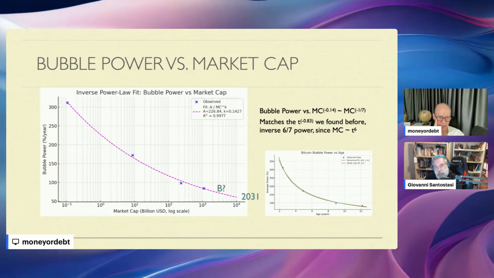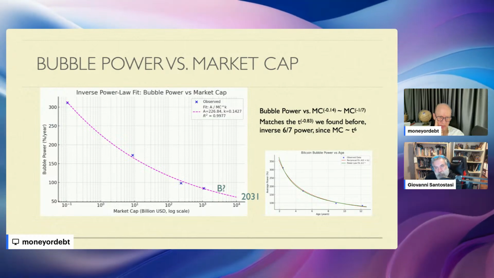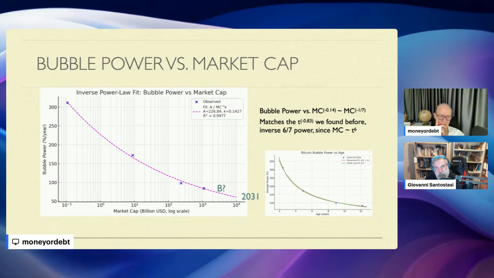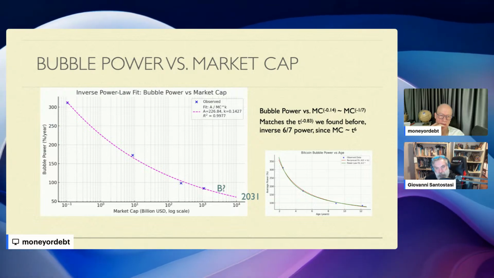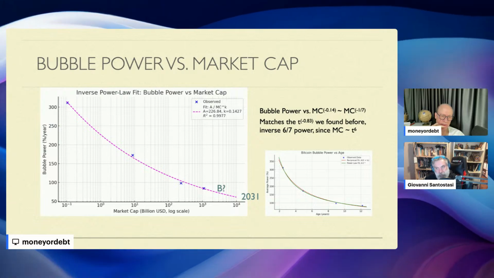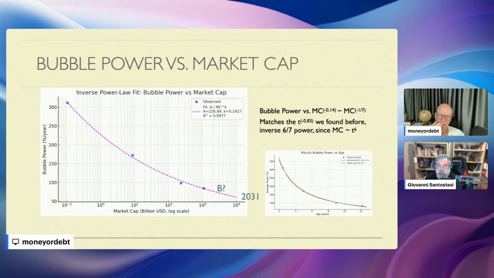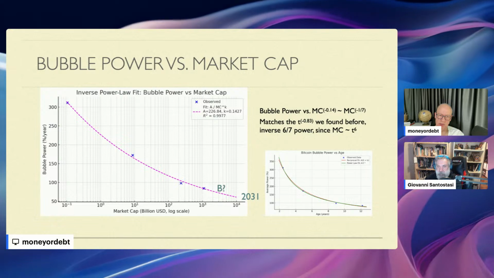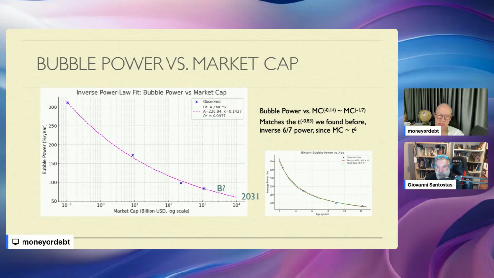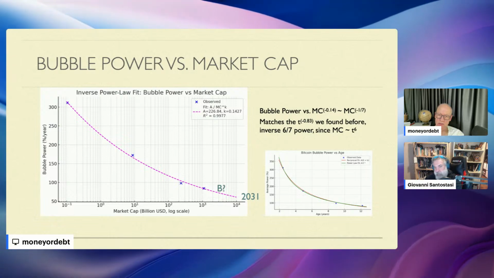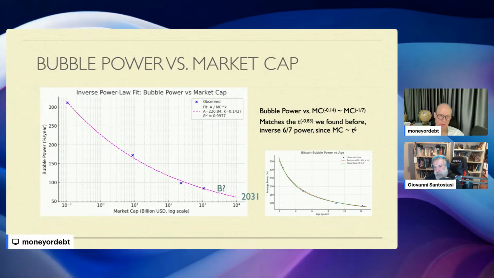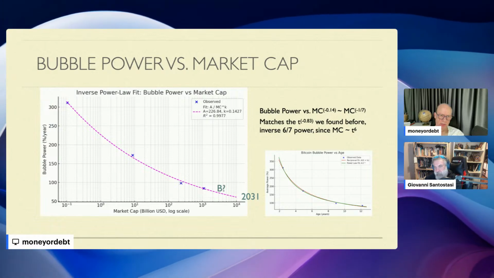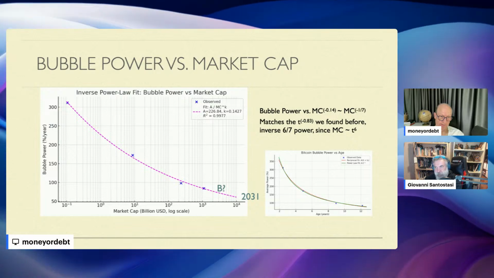And the B is located, if you look at these dashed upward lines, between 3 and 4 trillion market cap. So that's a possibility for a next bubble, hitting there. And then one would expect that the power of such a bubble would be something like 70% on average. That's what the prediction would be if the bubble comes about.